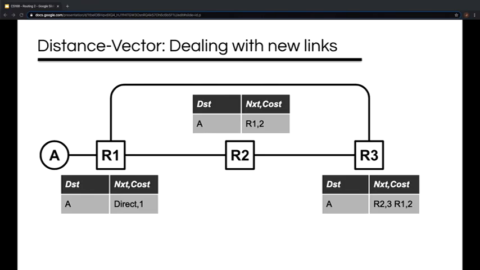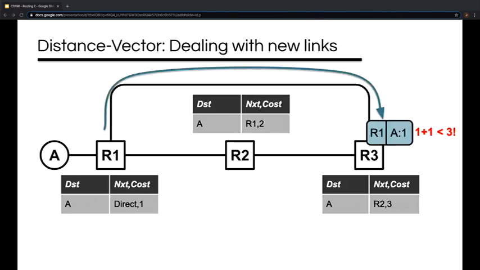Is anything ever going to happen? There are these periodic updates, right? So at some point, R1 is going to send an advertisement, and it's going to be better than the current route that's in this table, and so it gets updated. And so when you add a link, it pretty much just works, right?